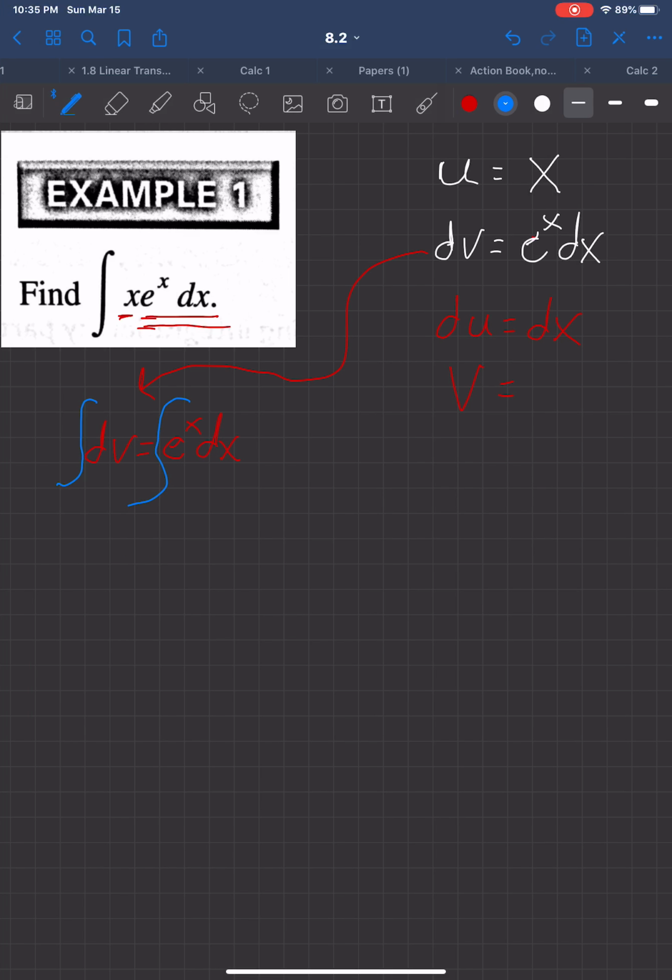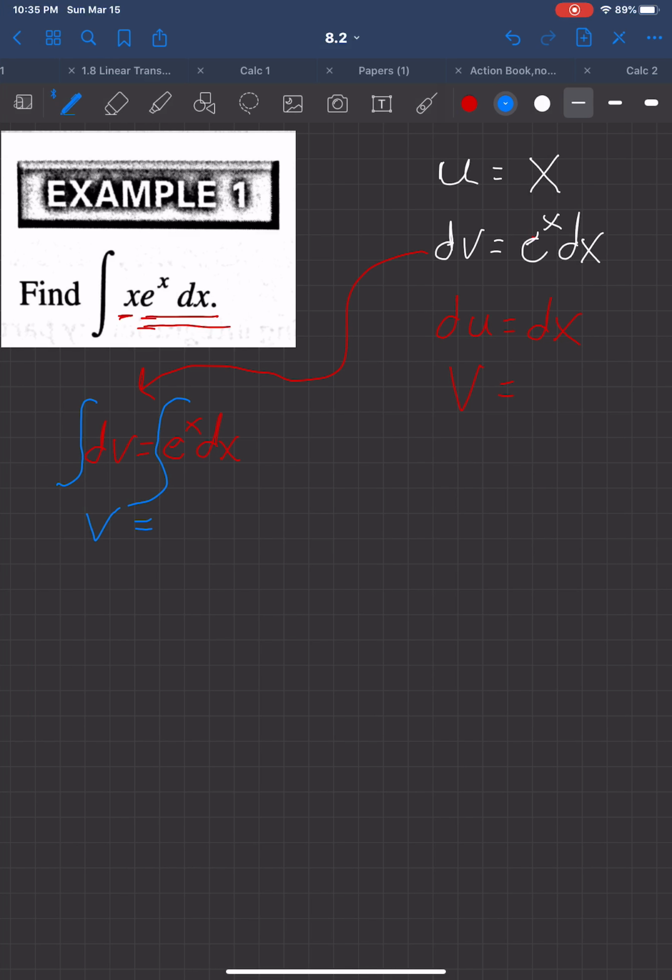Right? That integration of both sides is important because if you integrate, let's say, 1 with respect to v, you just get v. I hope that makes sense.